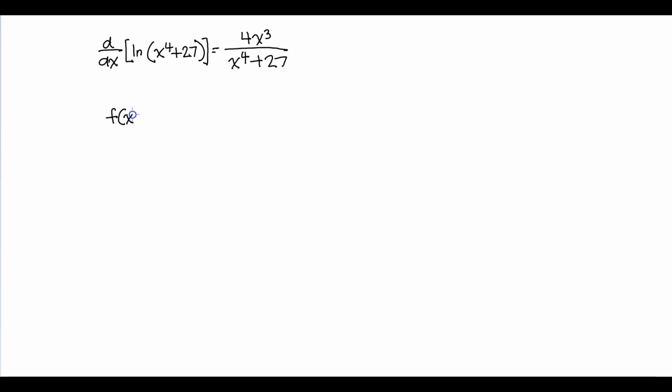So let's define f of x equals the cube root of x squared plus 5 over 3x minus 2. Take the derivative. Now this is a nightmare to differentiate. You can use the chain rule, but it would not be the best choice.